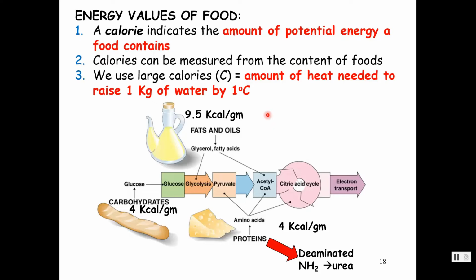And so this is why our long-term energy storage is going to be adipose tissue, so it's going to be fat, because think about it, if you have to carry something around for a really long time, like when you put that weight on in high school and you're still carrying it when you're 50, you really want that to be as light as possible, so you want to get the most bang for your buck. So when you go camping, you don't bring a whole bunch of canned goods, because canned goods will be way heavy. You're going to bring in some freeze-dried food, so things that won't weigh as much.